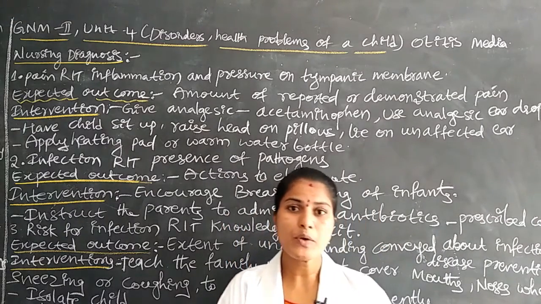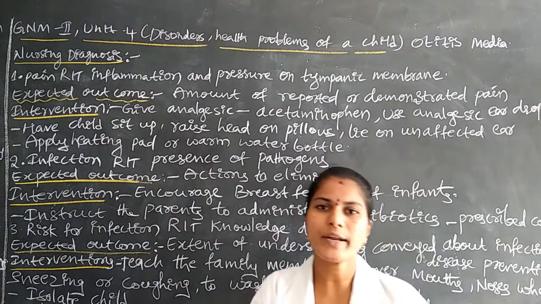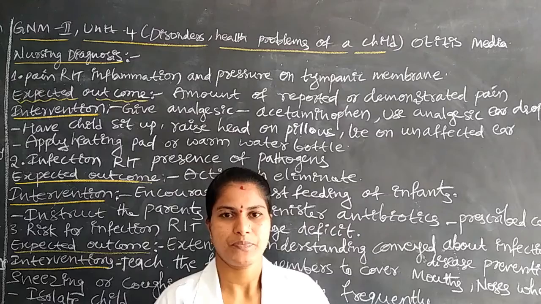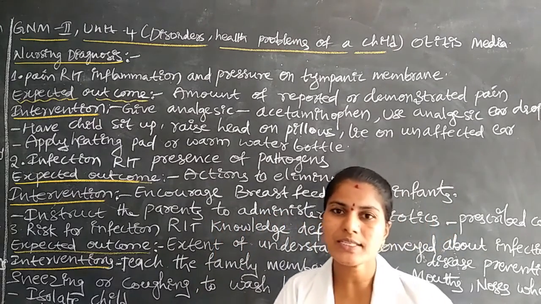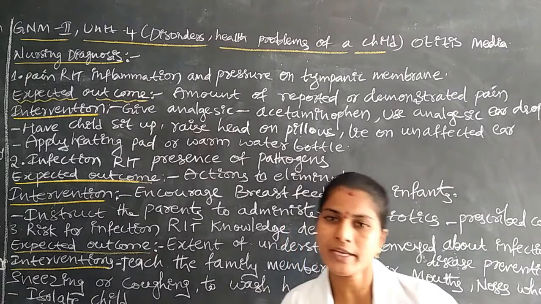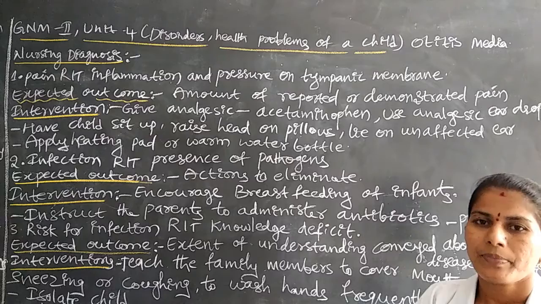We have to give information regarding how to reduce their infections, what the method is for reducing infection, and how to give care to the children. That knowledge should be improved in the parents.